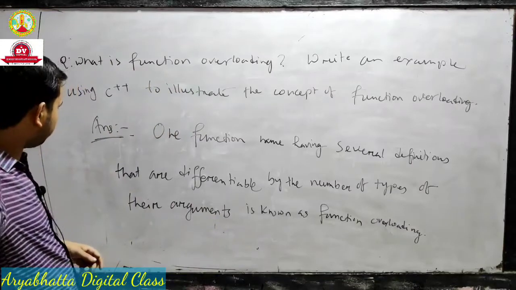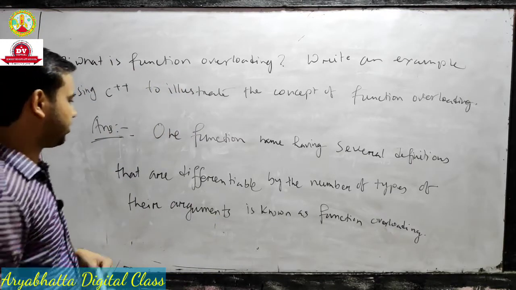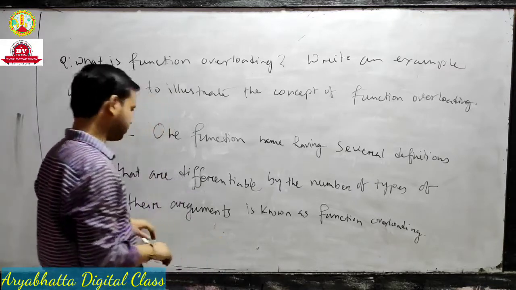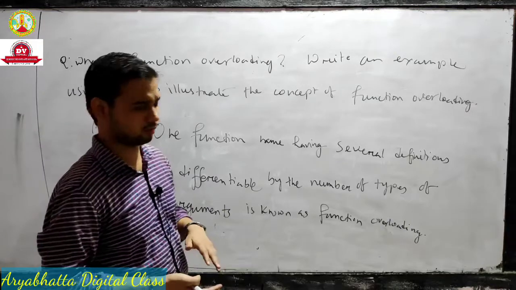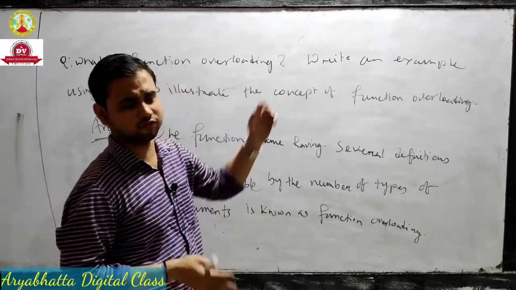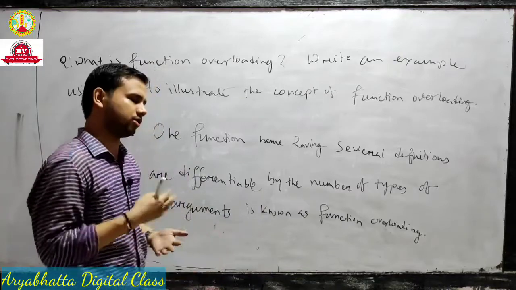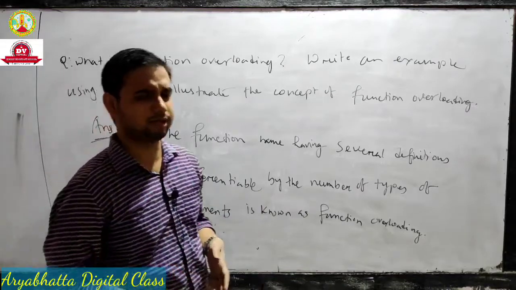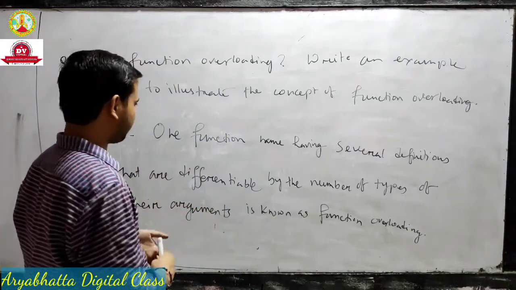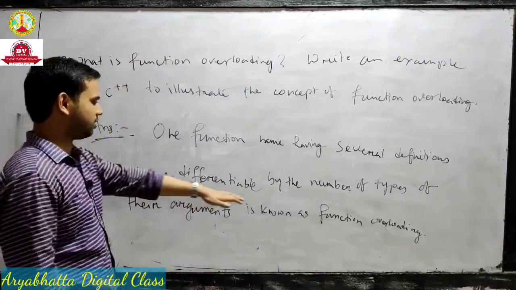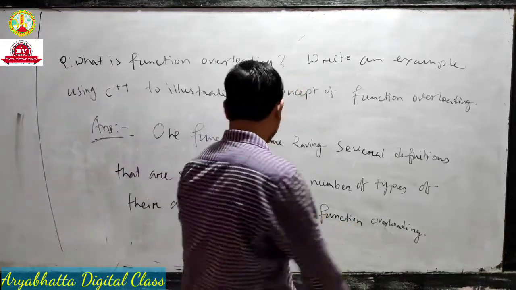Okay. First, write down one function name having several definitions that are differentiable by the number of types of their arguments, which we discussed earlier. What example? Float divide means same name, float divide, but the first function's arguments are int a, int b and the second function's arguments are float x, float y. This concept, differentiable by the number of types of their arguments, is known as function overloading.